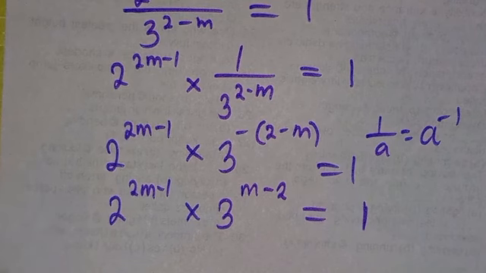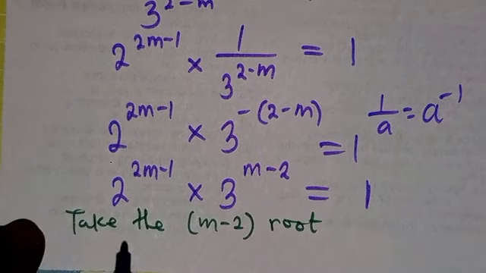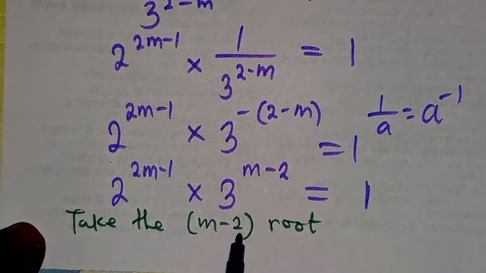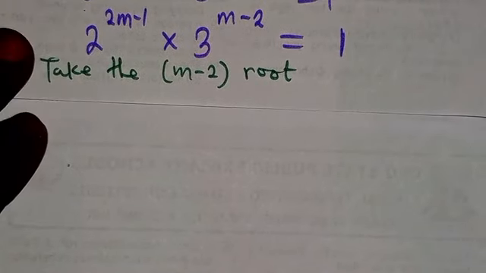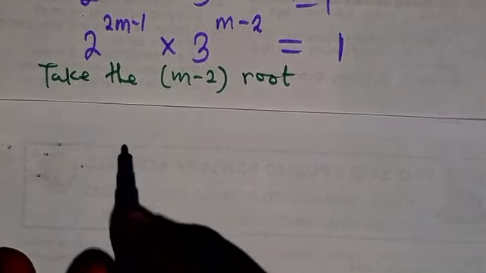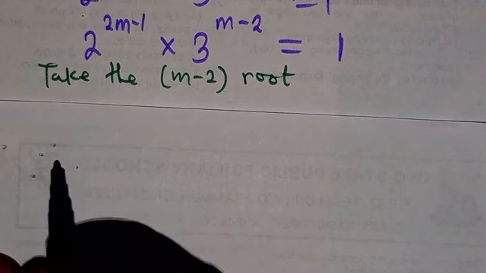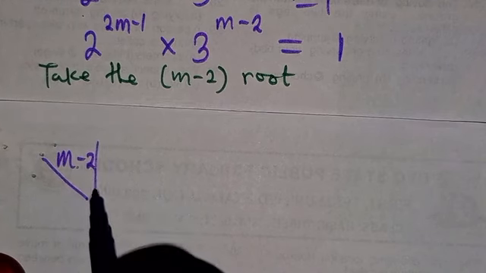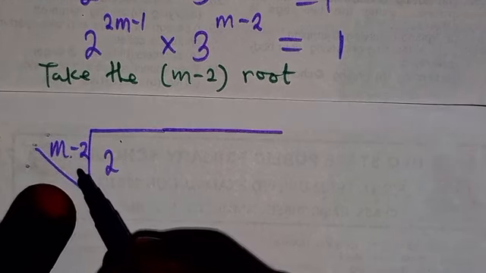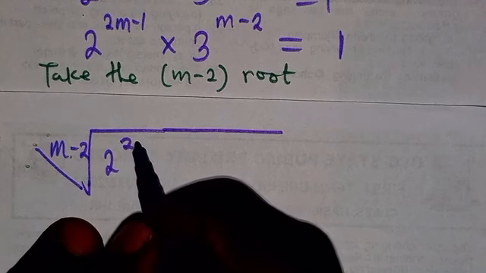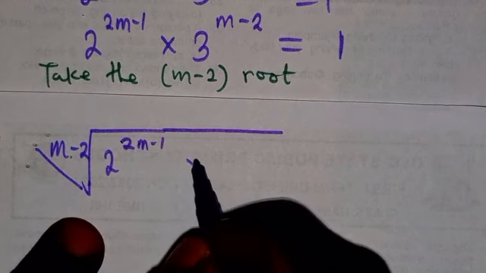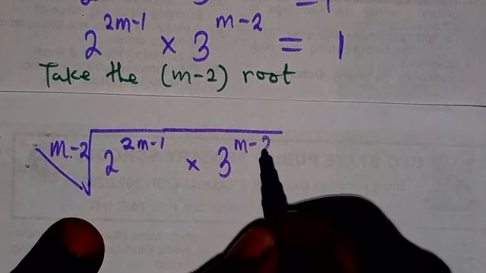Are you following? Then the next thing we are going to do is take the m minus 2 root. If you take the (m minus 2)th root, this is what you're going to have: 2 to the power 2m minus 1, then multiplied by 3 to the power m minus 2, equals.